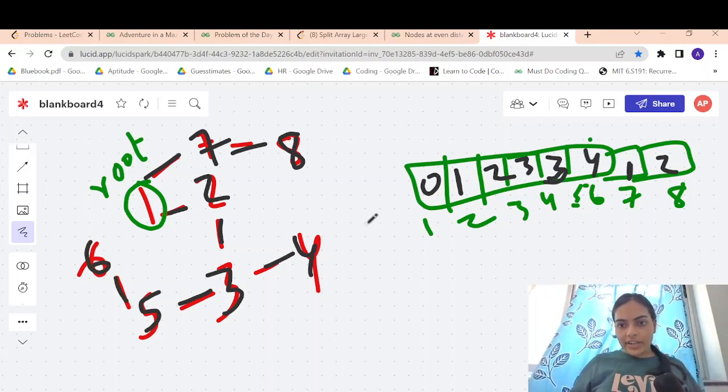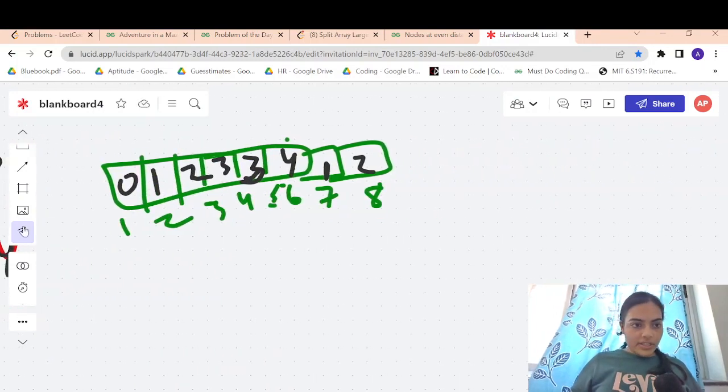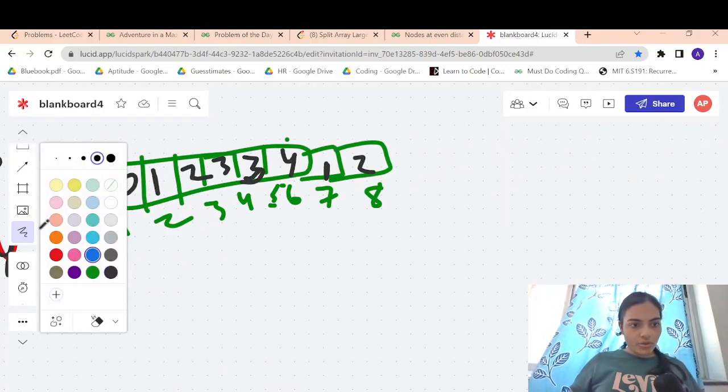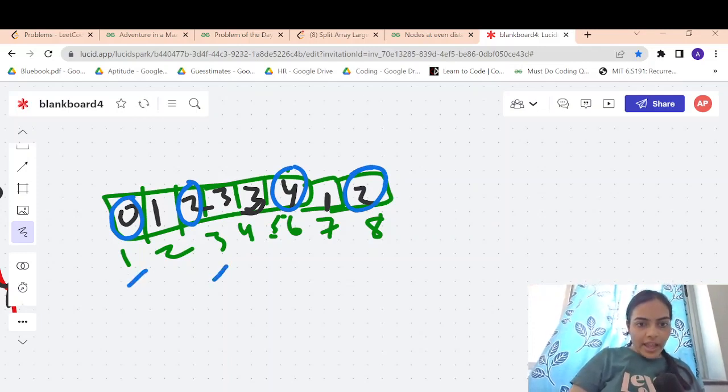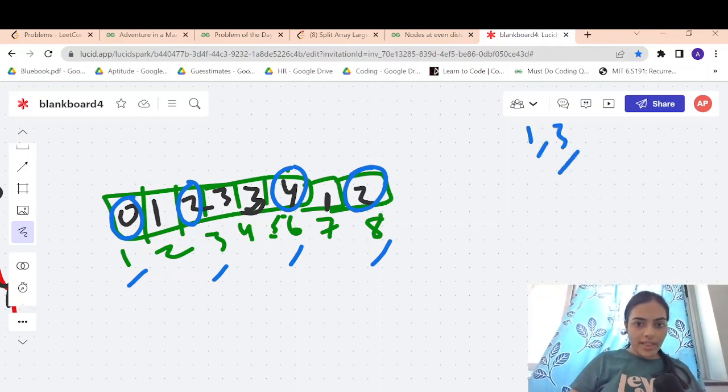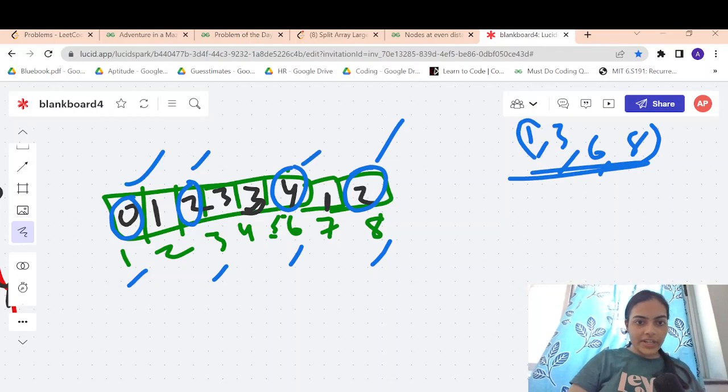Now when I made the distance array, what am I doing? Now just see the distance array. First let me see all those nodes which are having even numbers stored in the distance array. So all these are even numbers, right? How many nodes do I have? I have 4 nodes which are having even numbers. So all the nodes 1, 3, 6 and 8, there are 4 nodes which are having even distances between them.